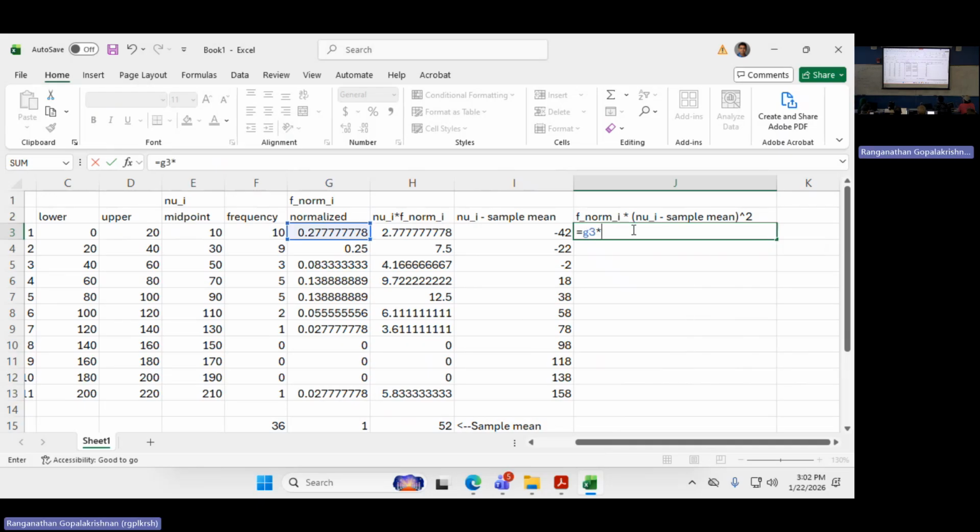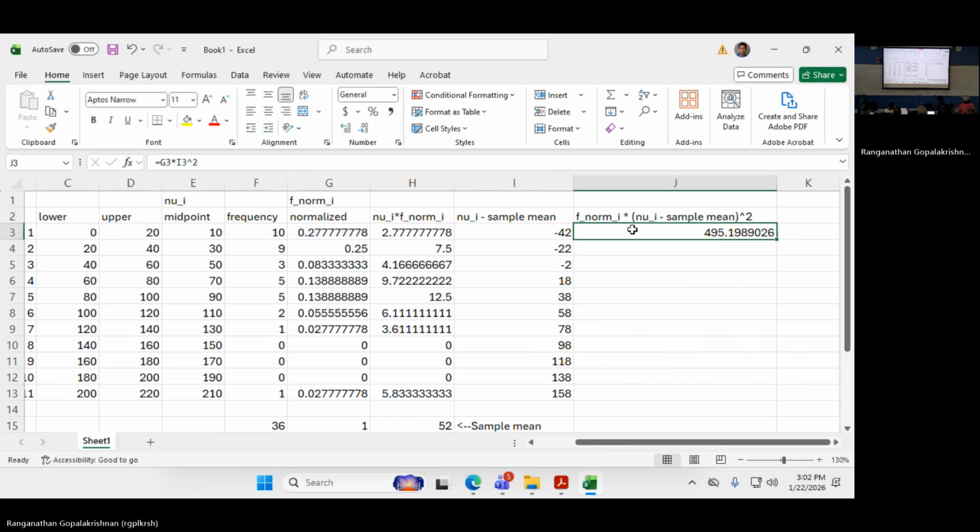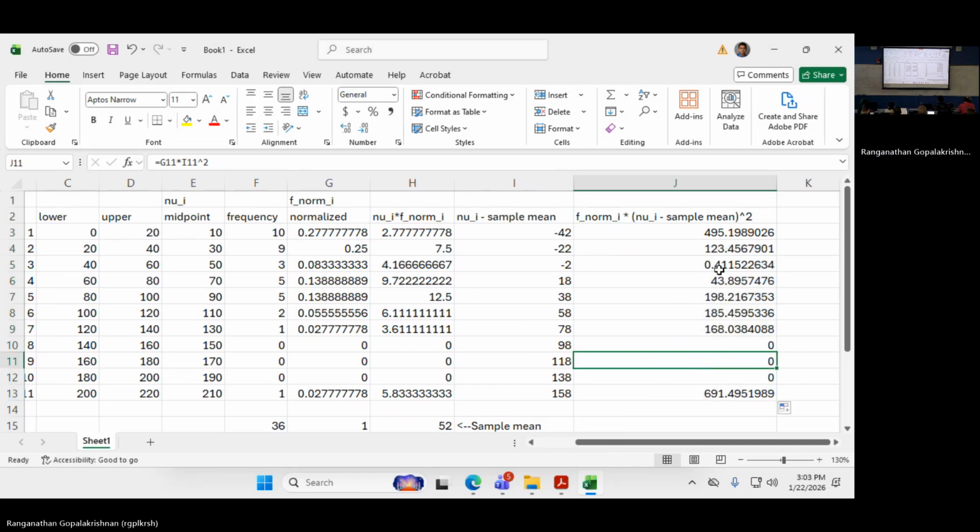G3 times I3 squared. So I have to calculate it for every bin. I forgot to write it here. Divided by n minus... Actually, this has already been divided by n, right? So I'll have to multiply by n and divide by n minus 1. I'll write.